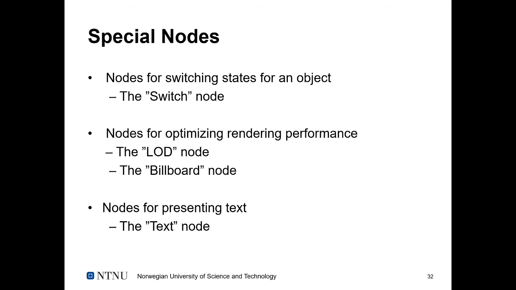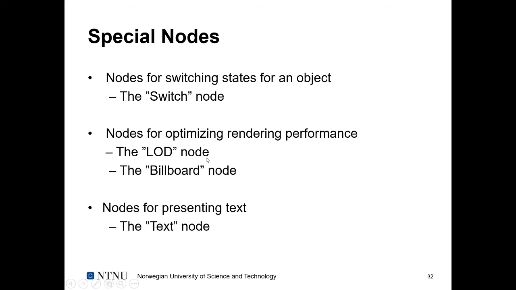Now, before we end this talk, I will basically talk about some special nodes. I already mentioned the transform node. You also have the possibility for switch node, which is a way of switching between states for an object. You also have nodes for optimizing rendering performance.